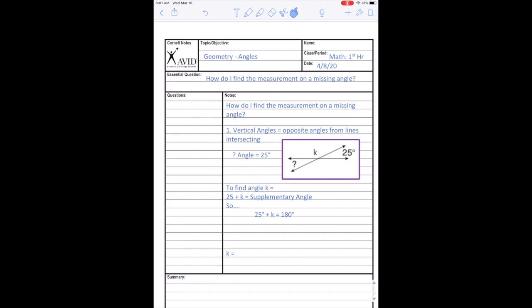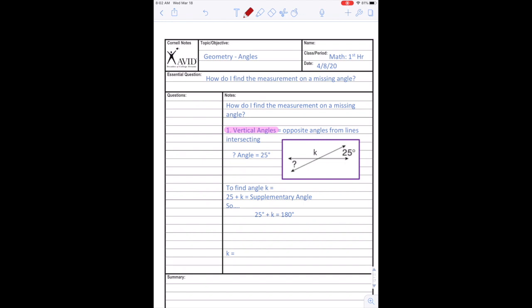So there's one more angle term that we need to be familiar with, and that is called vertical angles. And so vertical angles, the definition is the opposite angles from the lines that are intersecting.